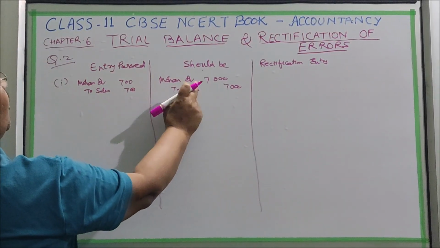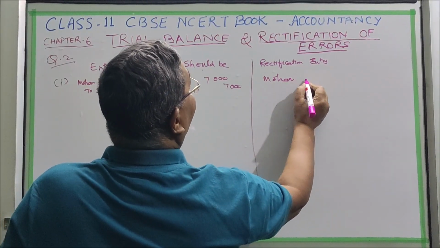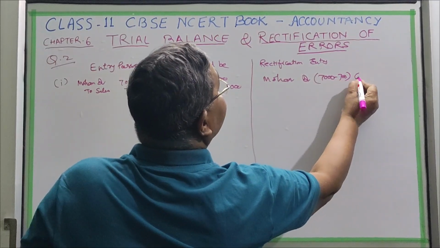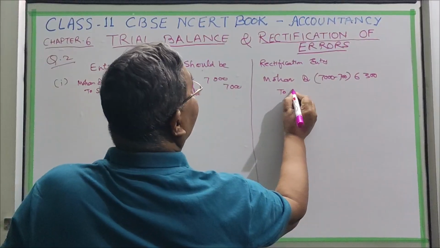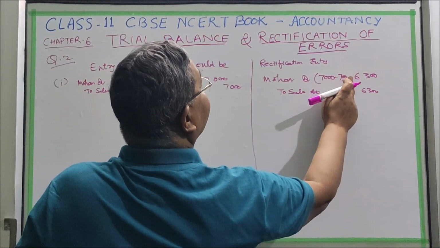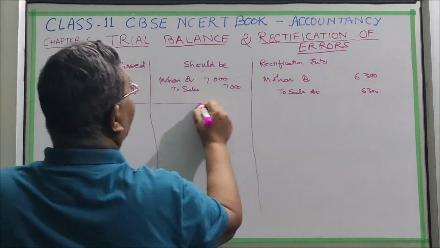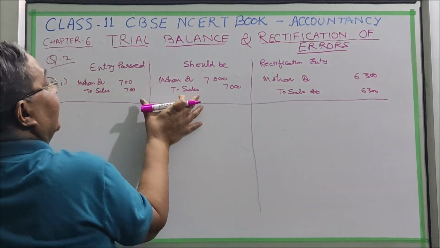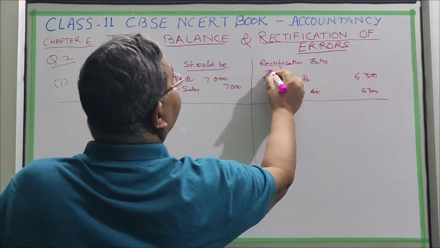Rectification should be Mohan debit by the remaining amount, 7,000 minus 700, means 6,300, and likewise to sales account 6,300. This of course is not written here, just for your information I am writing. So 1 entry is over. This only you have to give in school. The rest is not necessary, I am just telling for your understanding how these entries are made.